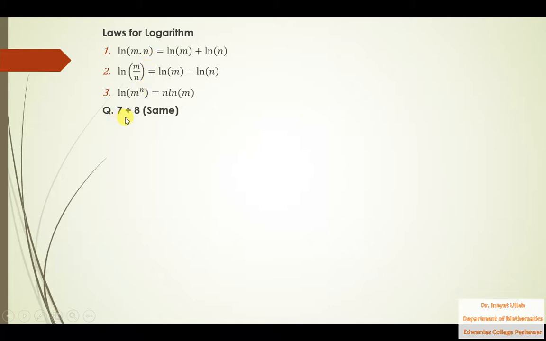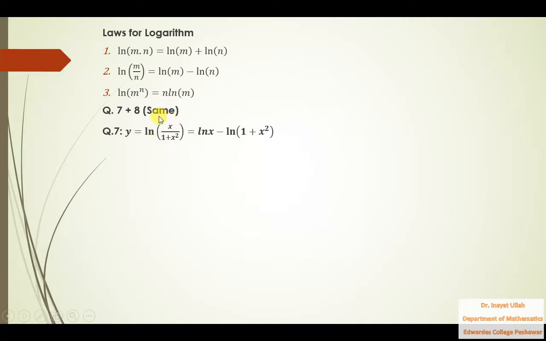Question number 7 and 8 are the same. Question number 7 says to find the derivative of this function, log of x divided by 1 plus x square. First of all, you can apply the derivative on this function directly, but that will become the quotient rule, which takes time to solve.